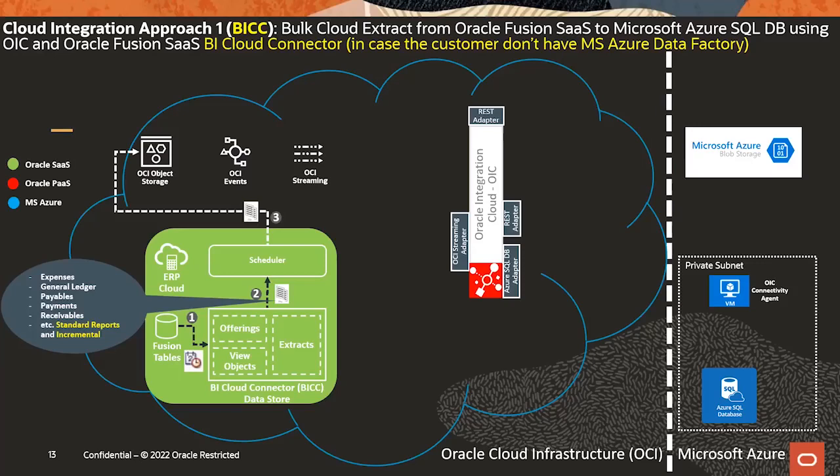Once we have the extract within OCI Object Storage, we can enable an event rule that sends the metadata of this file into OCI Streaming. Once we have that metadata JSON there, we can use the Oracle Integration Cloud OCI Streaming Adapter as the consumer or trigger of that integration.